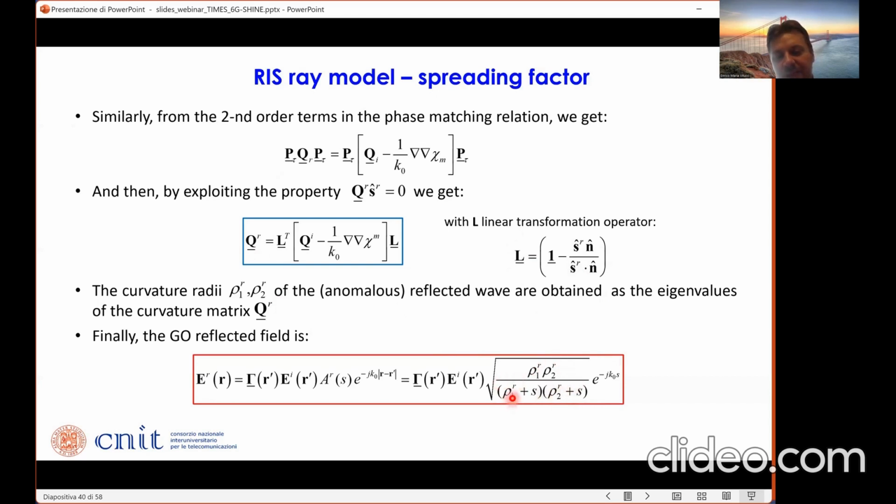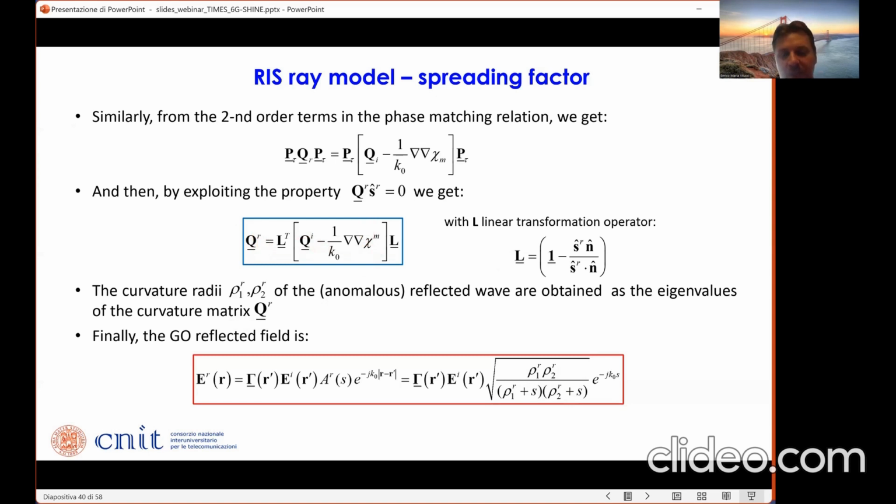So this is the regular expression of the spreading factor for an astigmatic wave, but this ρ1 R and ρ2 R must be computed as the eigenvalues of the reflected curvature matrix, which is computed according to this equation here.